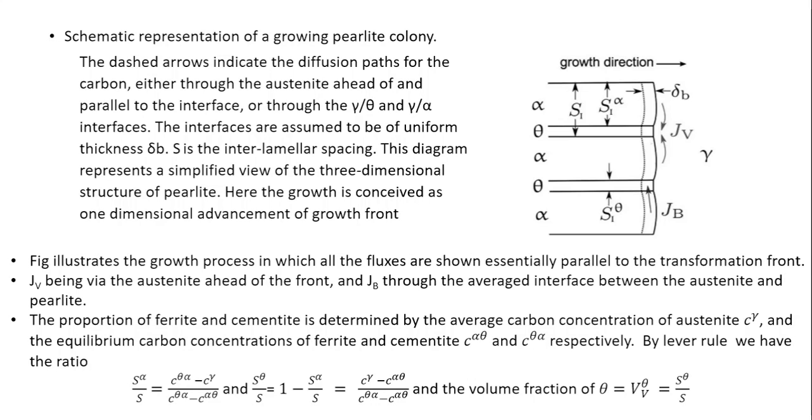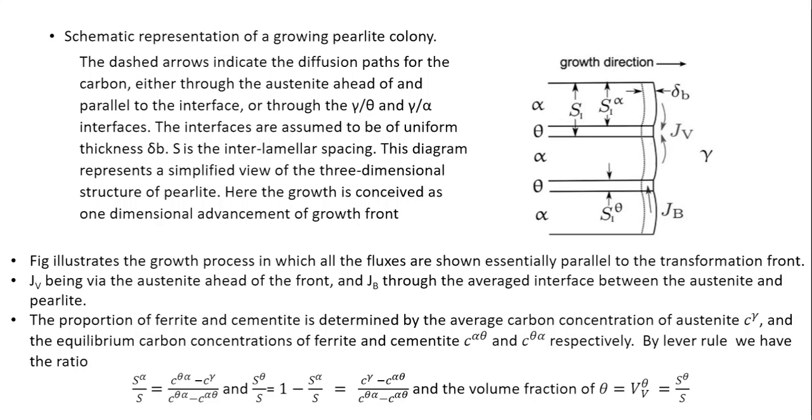So C theta alpha minus C gamma, that is the intercept made on the vertical axis towards the right, divided by the whole intercept, that is C theta alpha minus C alpha theta. This gives essentially the ratio of S alpha, the thickness of the alpha lamina, to the overall thickness of the perlite lamina.